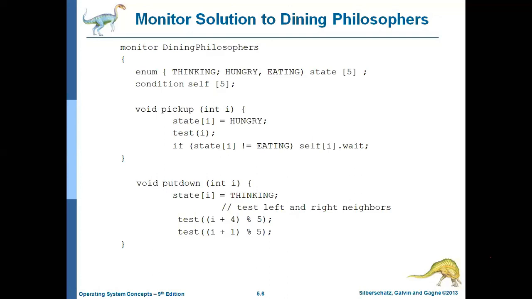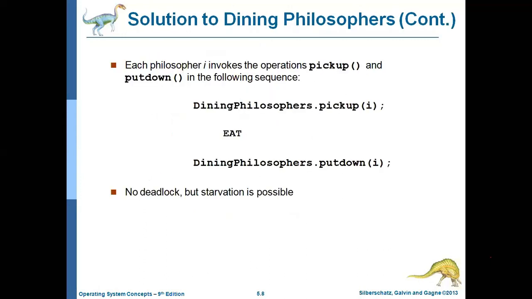Here, the deadlock solution is deadlock free. Why? Because each philosopher invokes the operations pickup and putdown in the following sequence. If we allow this, the dining philosopher picks up the chopsticks and eats. The dining philosopher puts down the chopsticks. When 2 chopsticks are available, at that time only they will enter to eat. Otherwise they will only be in the thinking state. So for that solution we have no deadlock, but some starvation is possible.